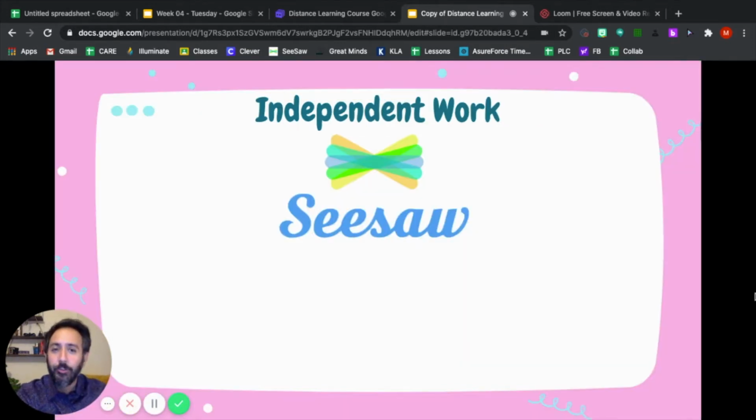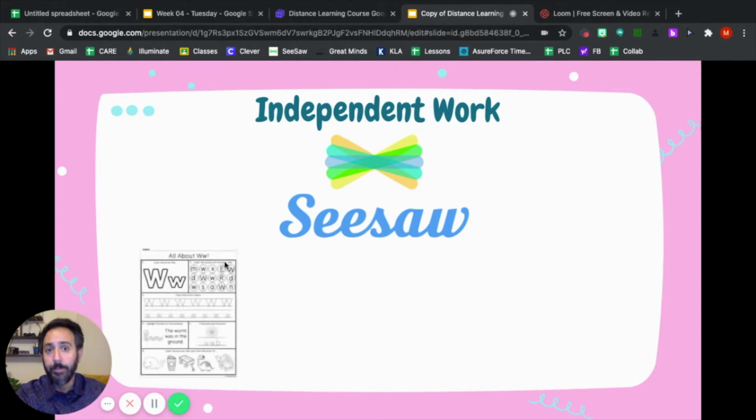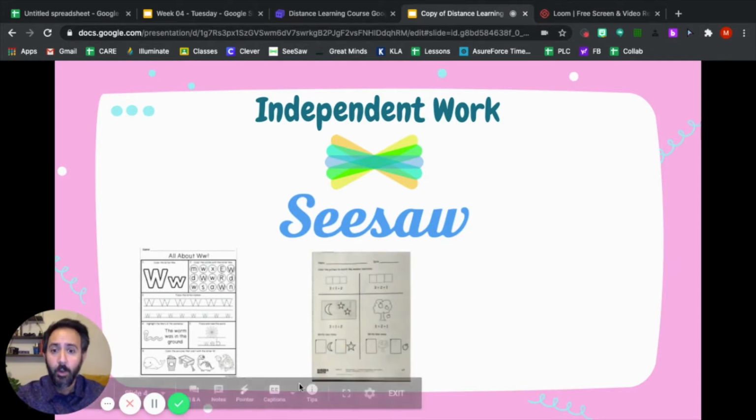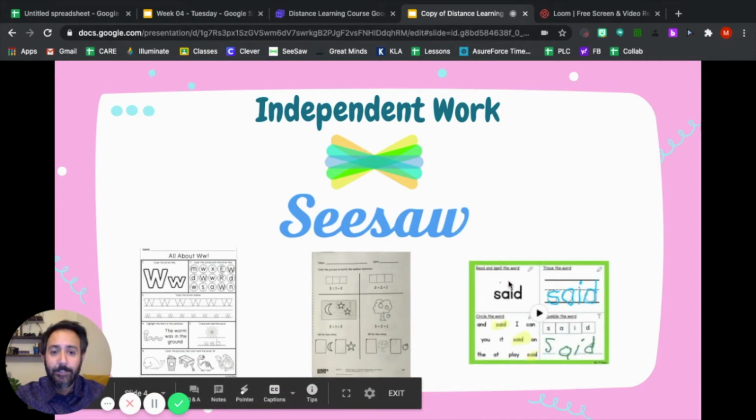Seesaw is the application where students will be doing a lot of their independent work. This includes submitting hard copies or submitting photos of their hard copy work, including their letter of the day worksheets or their math worksheets from the work packets, as well as activities that are exclusive to Seesaw.